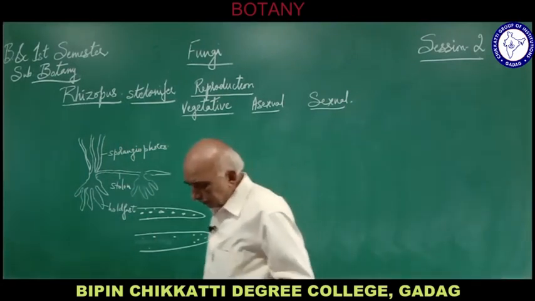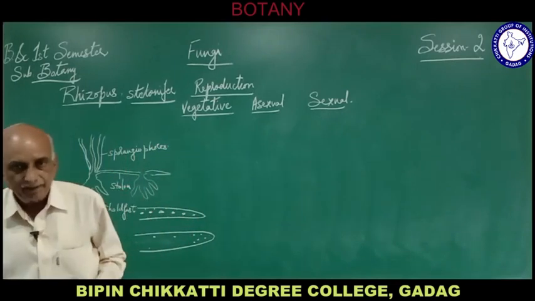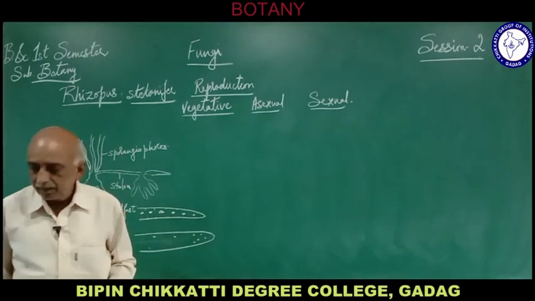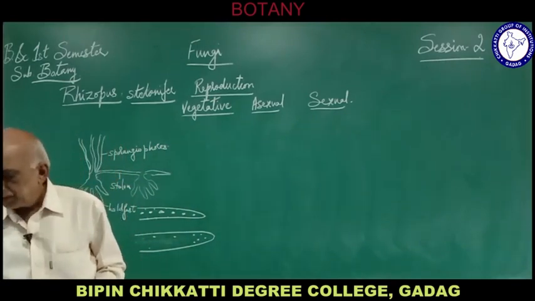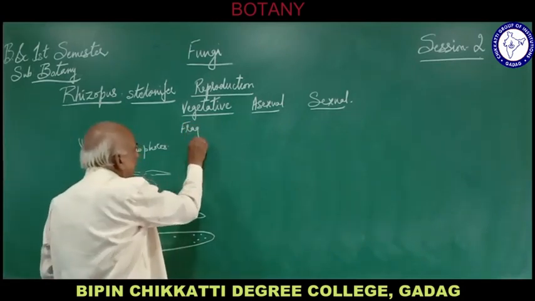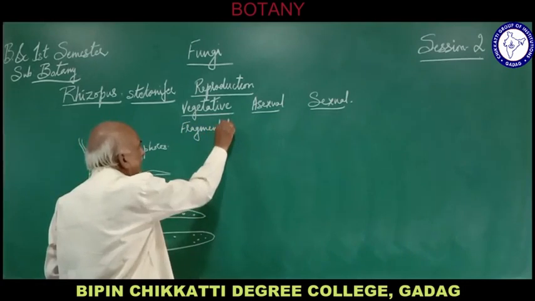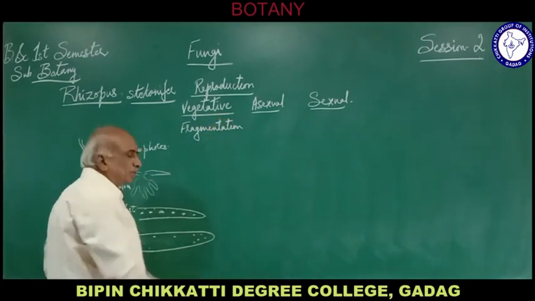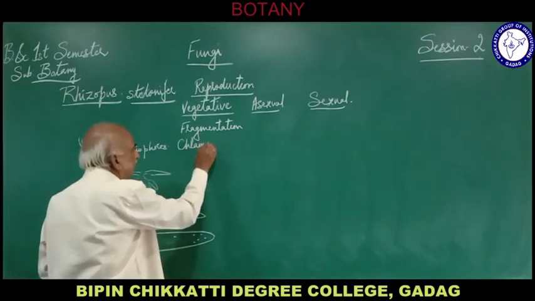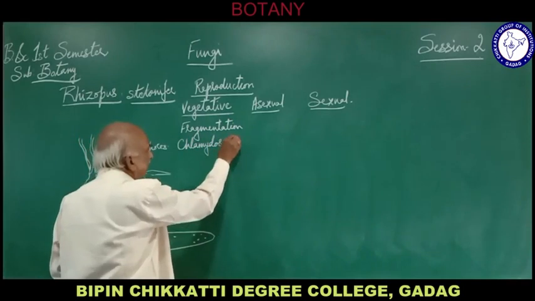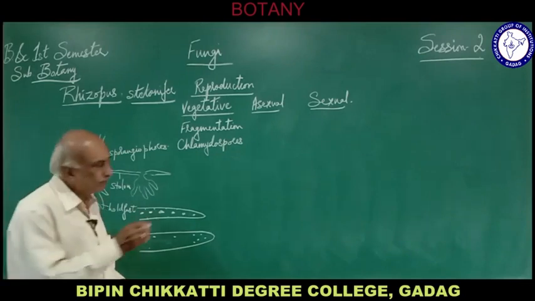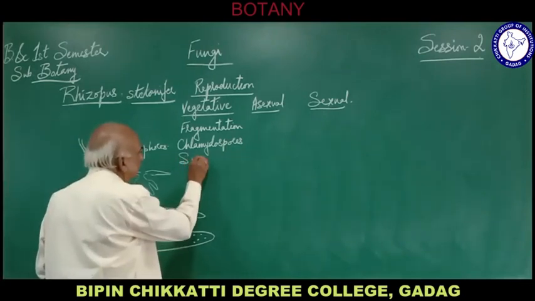In vegetative reproduction, fragmentation is one of the common methods which we can see. Even in algae we come across this fragmentation. Fragmentation is one common method in most algae and fungi. Chlamydospores are another vegetative method, and in addition to that there is what is called sporulation.